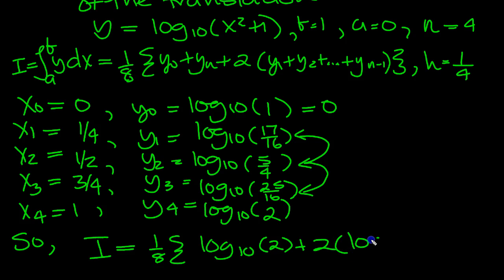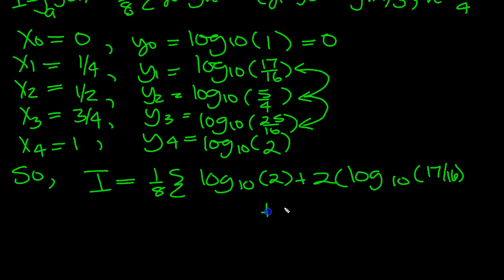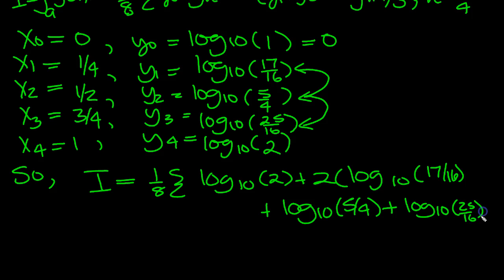So it's going to be log 10 of 17 over 16 plus the other 2 values. Log 10 of 5 over 4 plus log 10 of the last one, 25 over 16. Close that bracket for the log, close the bracket for the 2 times, and then close the brace for the 1/8 at the end. So let's type that into the calculator then.